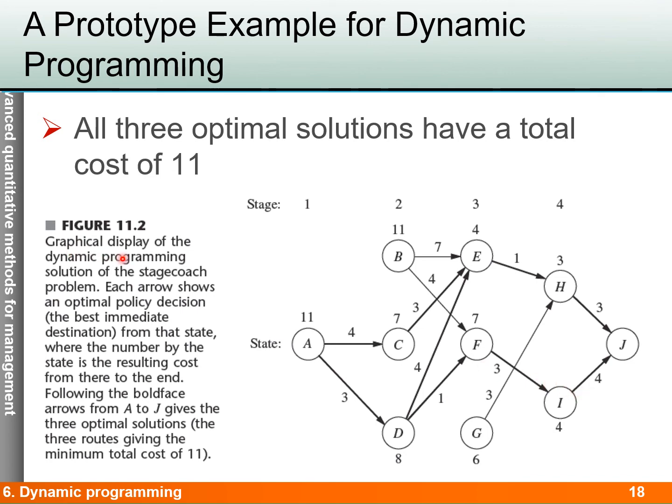As you see here, the explanation is exactly like the previous part. All these three routes will give us the minimum cost that is 11. It means that there are no more routes with a cost less than 11. So the minimum cost of all possible routes will be 11.